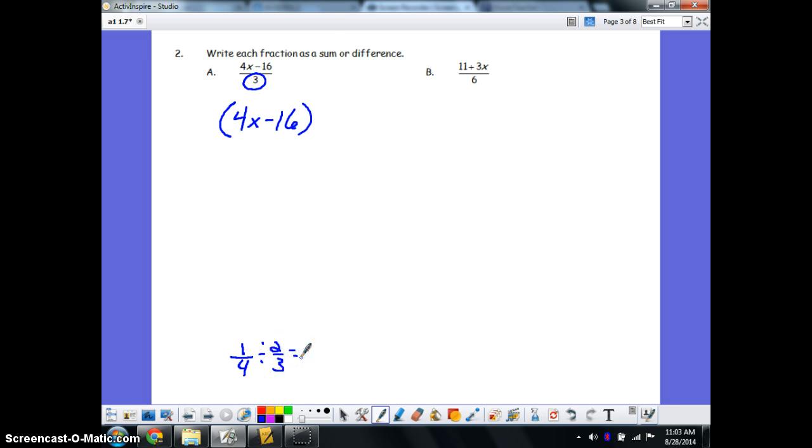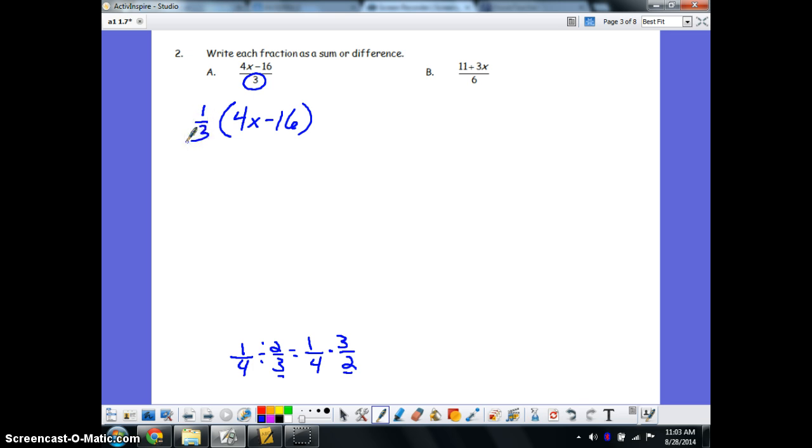Well, the way you solved that was you changed it to a multiplication and multiplied it by the reciprocal of 2/3, which is 3/2. That's how you changed it. So dividing by a 3 would be equivalent to multiplying by its reciprocal. And the reciprocal of 3, which is basically 3 over 1, is 1/3.